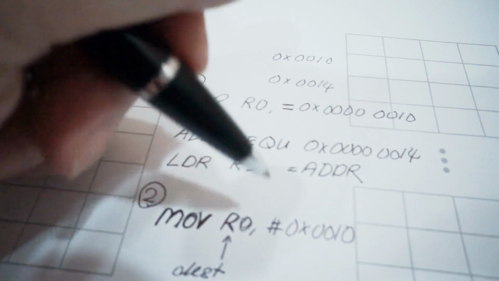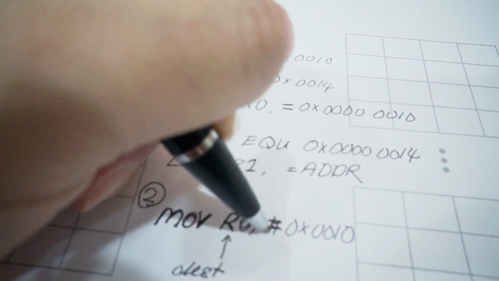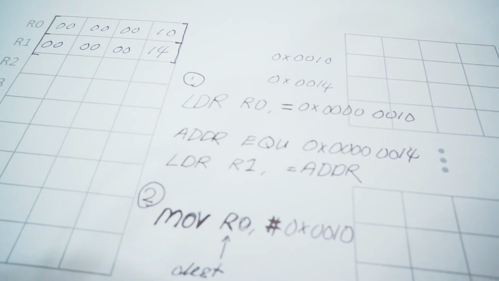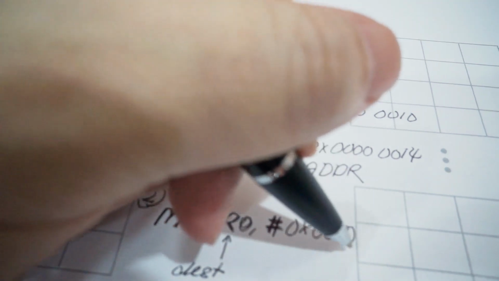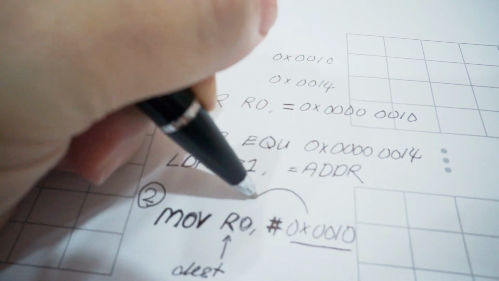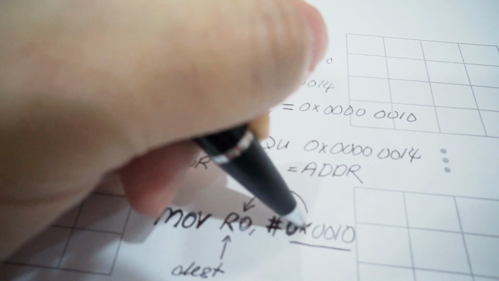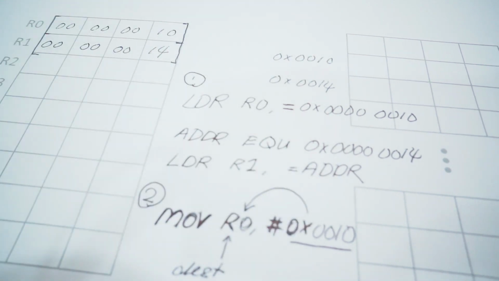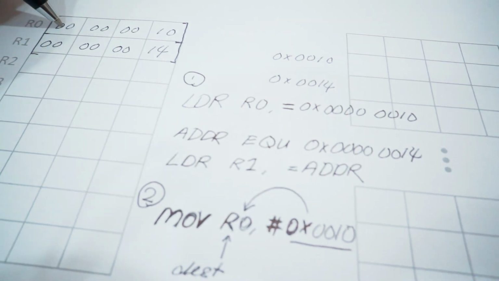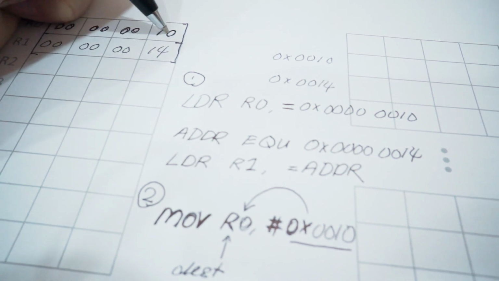The source format is called immediate value, which can be identified with the hash character. The value after the hash is the constant that we move into R0, and in this case, this is a hexadecimal number. So when we execute the instruction, the value will be loaded into the 32-bit space in register 0.